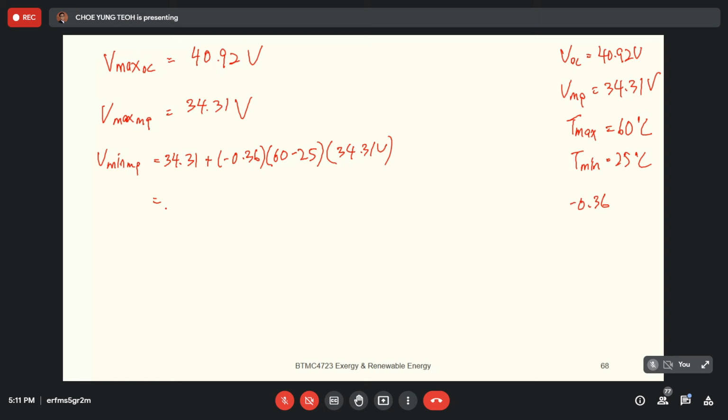Where's your answer? The minimum voltage at maximum power point. Share your answer, you already get the answer.